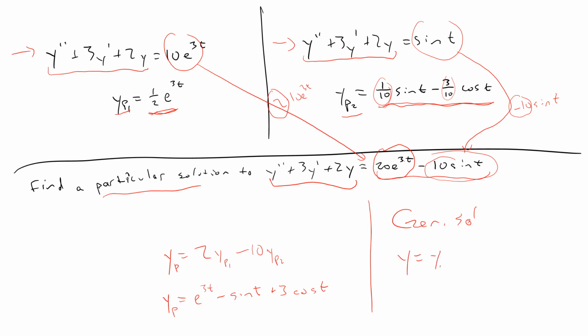It's going to be your homogeneous solution plus your particular solution. And all we have so far is our particular solution right here. So if we go through a little bit of extra work to find the homogeneous solution, then we can write down our final answer.